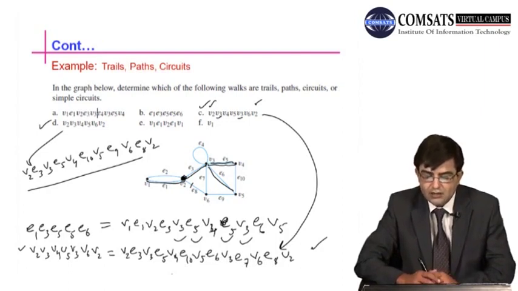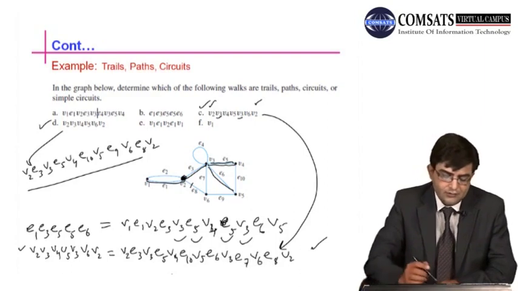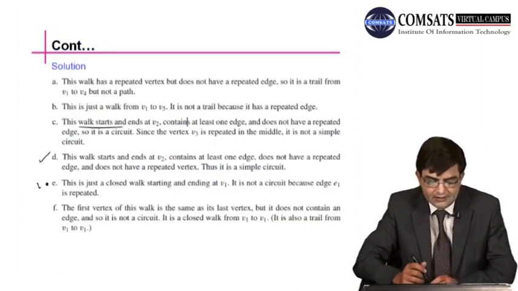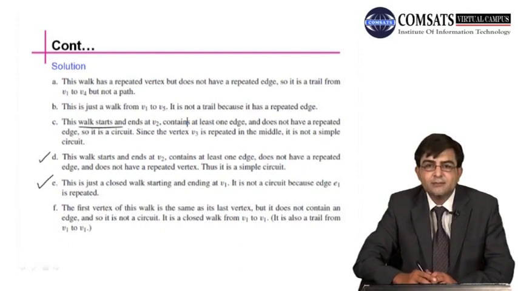We have V2, so it could be a closed walk because starting and ending point is same, and edges are repeating, which is only allowed in a closed walk. So this is just a closed walk, starting and ending at V1. It is not a circuit because edge E1 is repeating, because in a circuit there is a condition that it must contain at least one edge, and edges must not be repeated. So it is not a circuit, it is a simple closed walk.